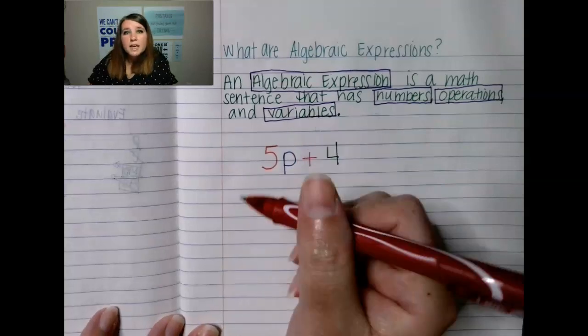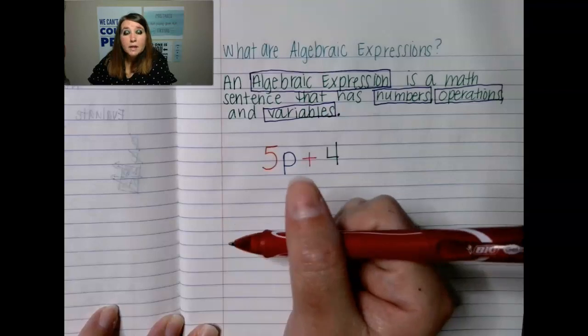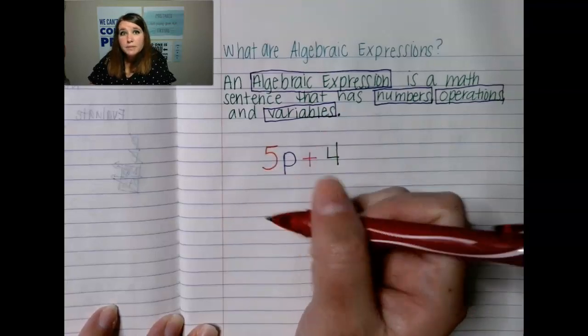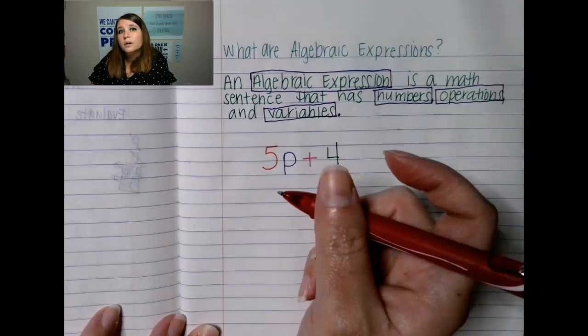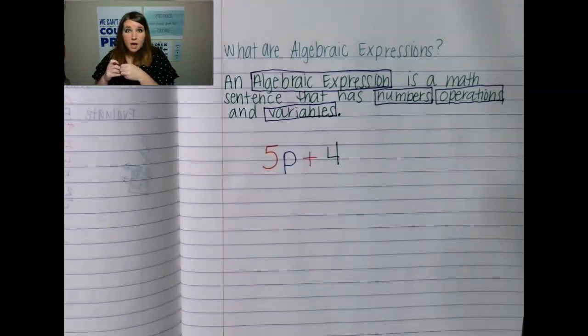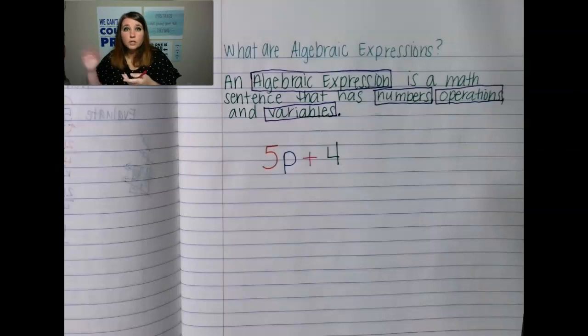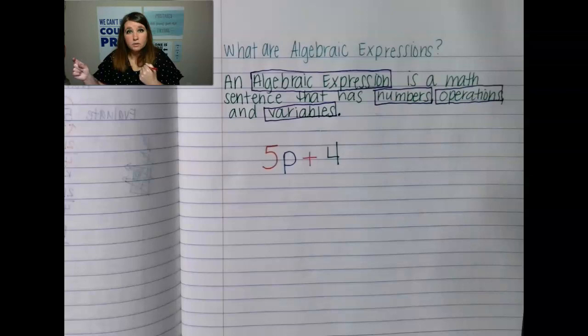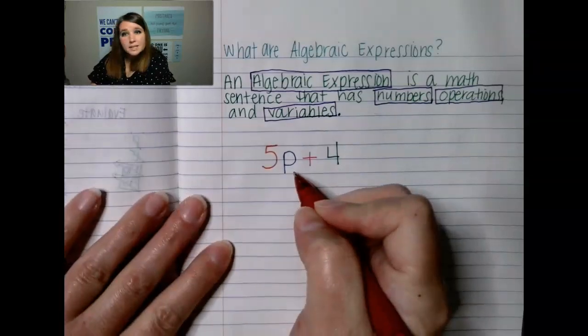I want you to think of a co-pilot or a co-captain or a co-worker. Those are things that go together, right? A co-pilot helps the regular pilot, a co-worker works with somebody else, a co-captain works with the regular captain. So thinking of the word co, a coefficient works with this letter.